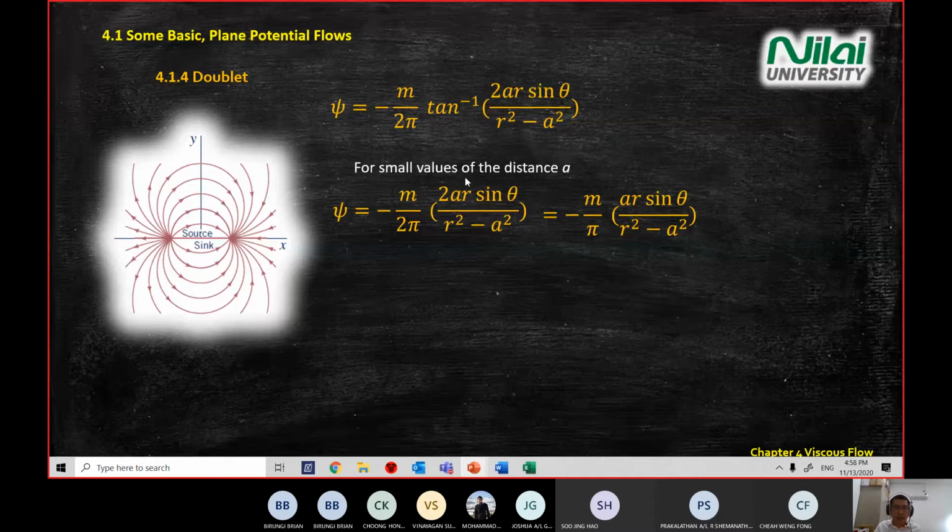So if a is very small, you can rewrite this term as this term, whatever the constant value is inside the tan. Then you rearrange, cancel the similar components, the 2 cancels, and at the end you have negative m divided by pi, a sine theta divided by r squared minus a squared. All these terms still refer to the diagram under question 7.